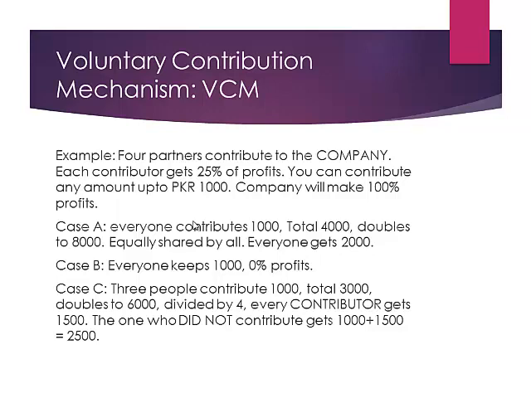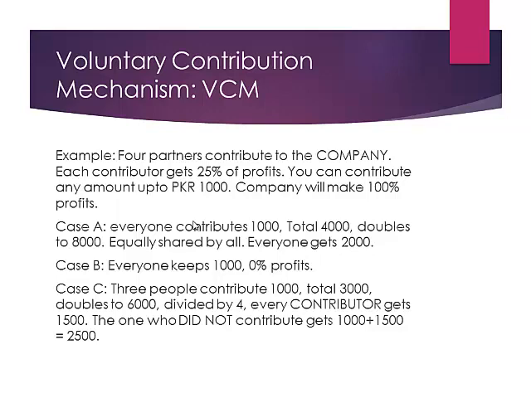Suppose that everybody contributes 1,000, the total investment is 4,000, it doubles to 8,000, equally shared by all, everyone gets 2,000. Case B is everybody keeps 1,000, then there is no profits, everybody gets what they started with. And now case C is if 3 people contribute 1,000, everything, and so the total is 3,000, it gets doubled to 6,000, divided by 4, every contributor gets 1,500.